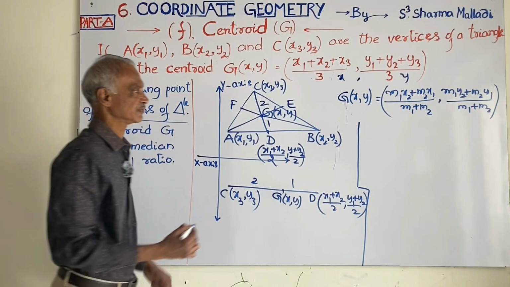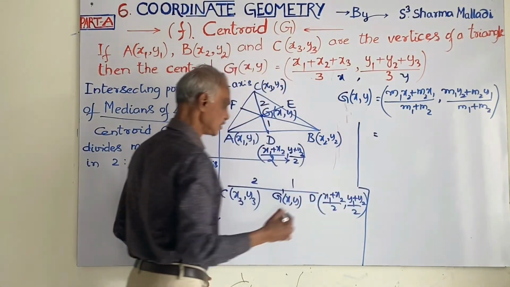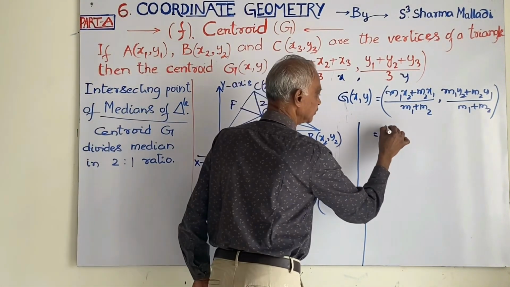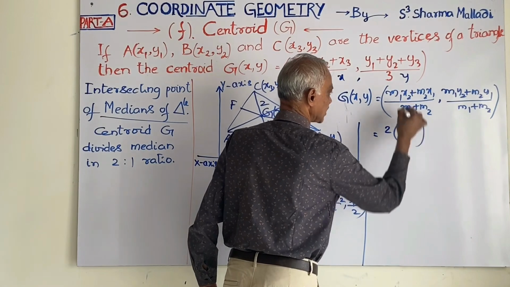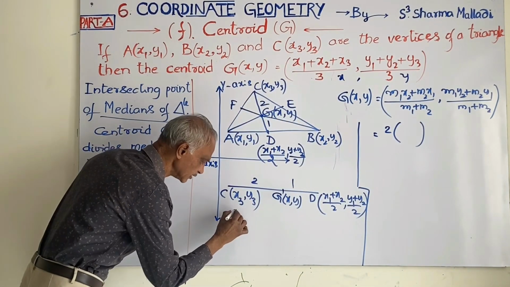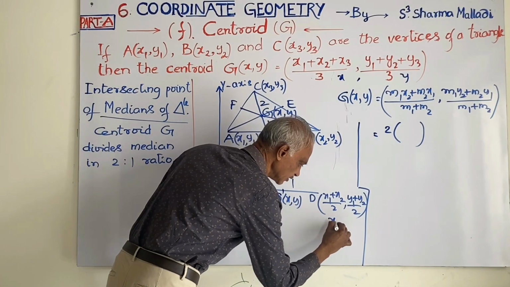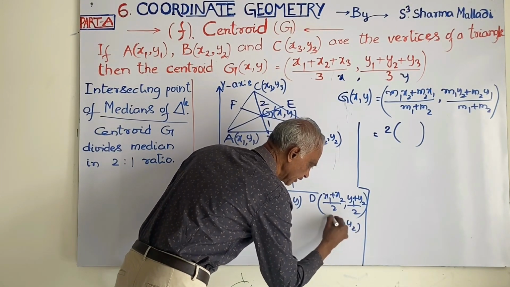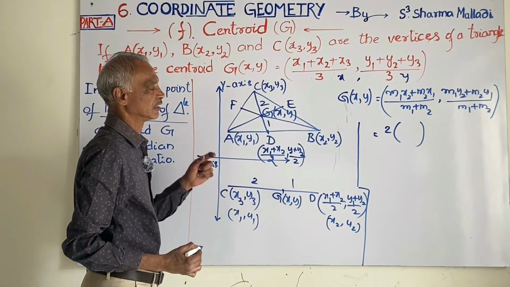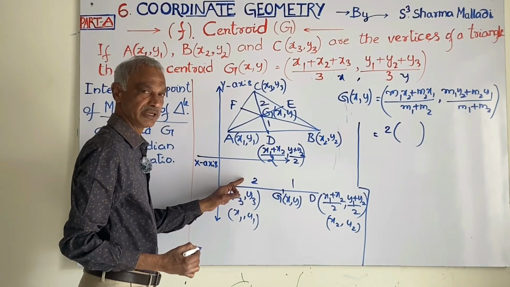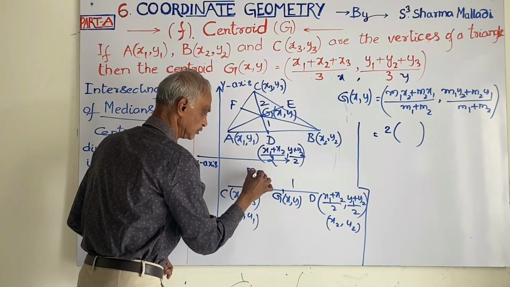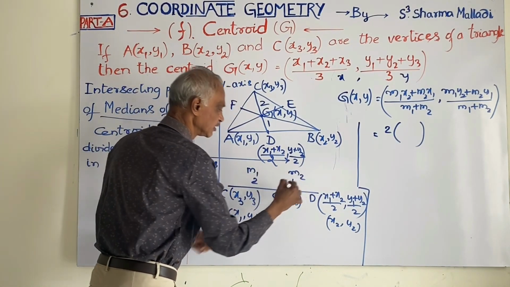Now we have to find G (x, y). What is m1? m1 will be 2. Take this as x1 y1 and this as x2 y2. m1 will be 2 and m2 will be 1.